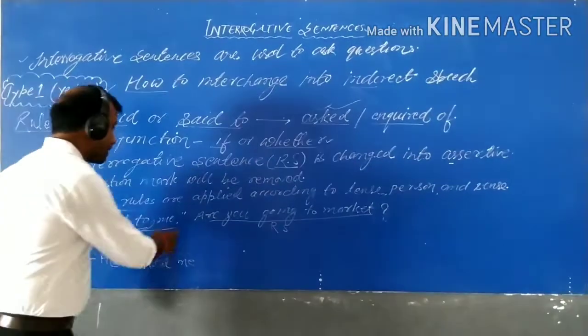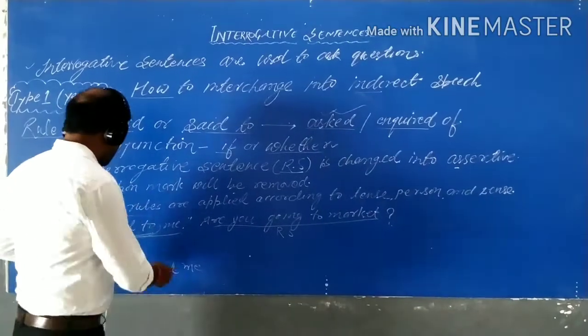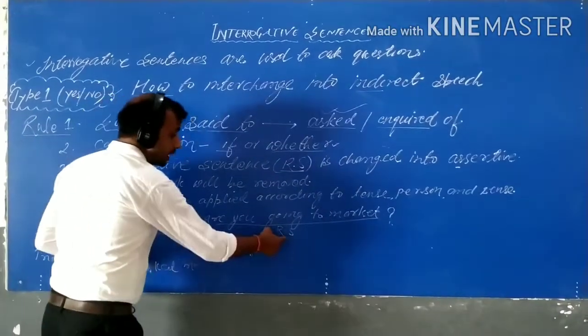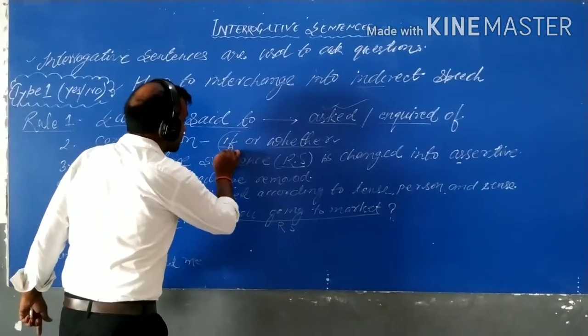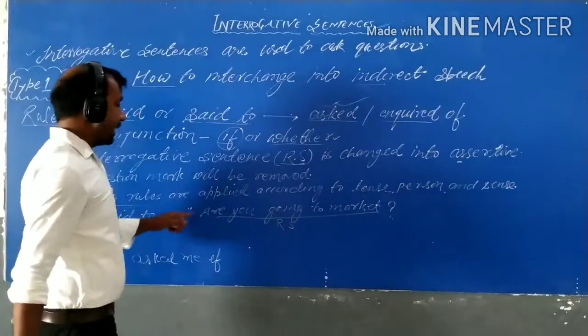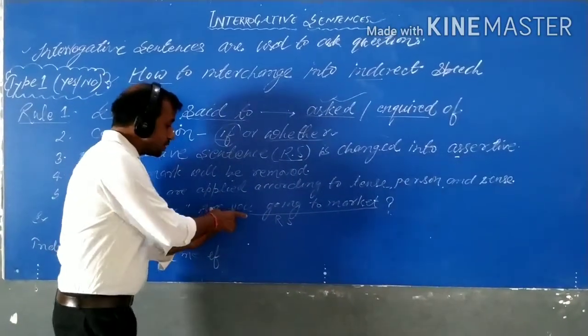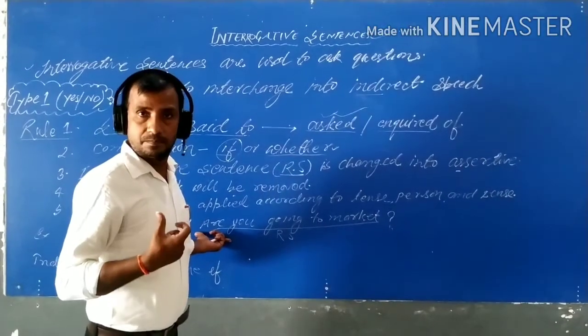Now to remove the comma and inverted commas, and to connect the reporting verb to the reported speech, we have applied a conjunction, and the appropriate conjunction will be if. Then if is used here, and now we have to change the given interrogative sentence into assertive.